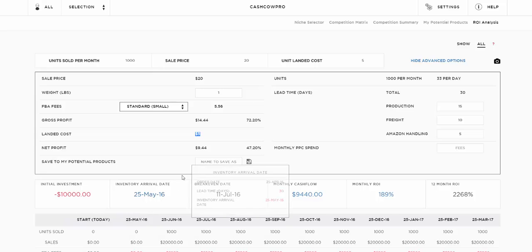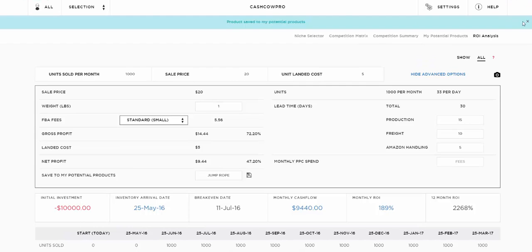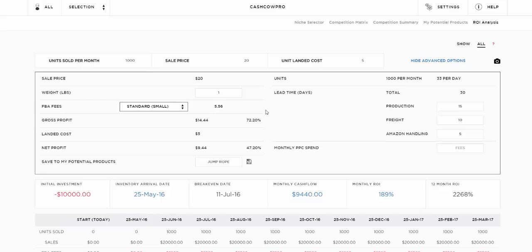And so this just gives you a quick overview, and you can change the weight and the size, and these numbers below will reflect that as well. You can save this analysis, and in this case we're going to call it jump rope, to your My Potential Products. Boom, done. Okay, the units sold per month, 1,000 per month or 33 per day.